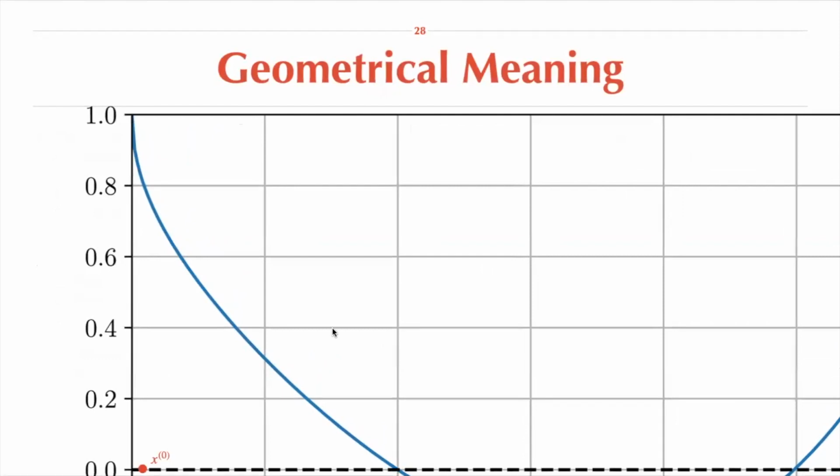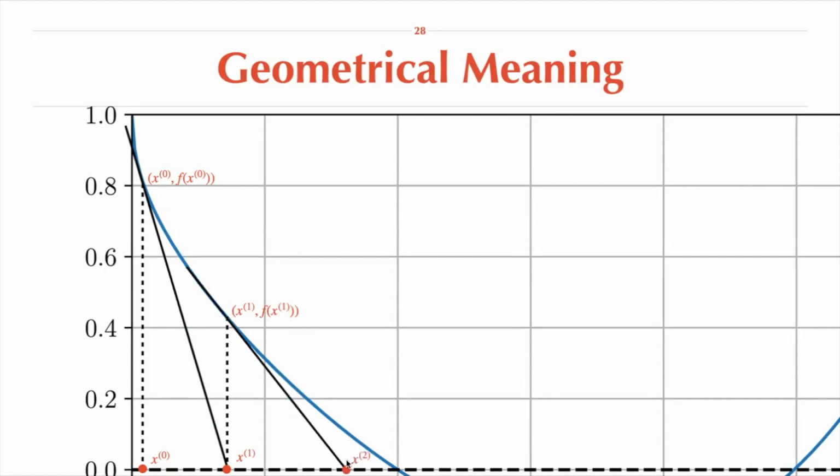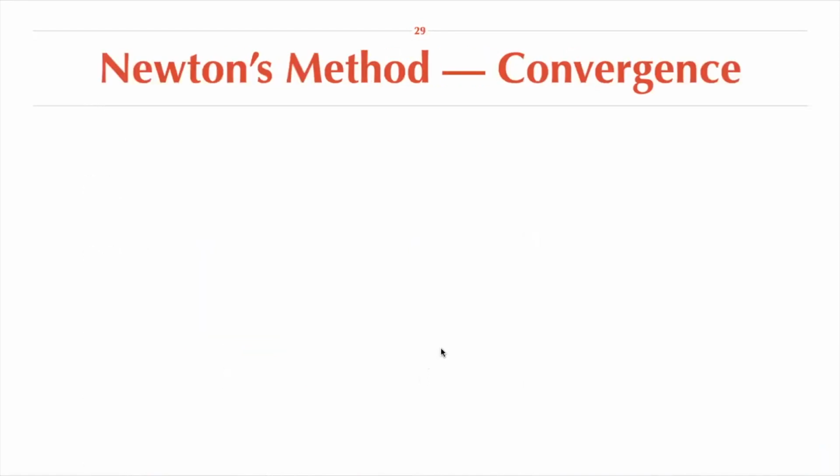This is your x0, and then you draw a tangent at the point (x0, f(x0)). This is what you get. This is your new estimate of the root of the function, and then you again draw a tangent at (x1, f(x1)) and like this. This becomes a new estimate, and you just keep repeating it. As you can see, it is approaching this root very fast. This is how it works.